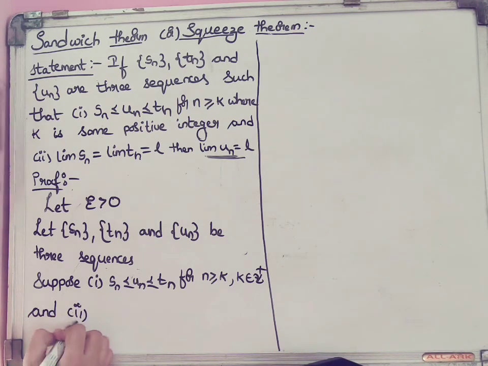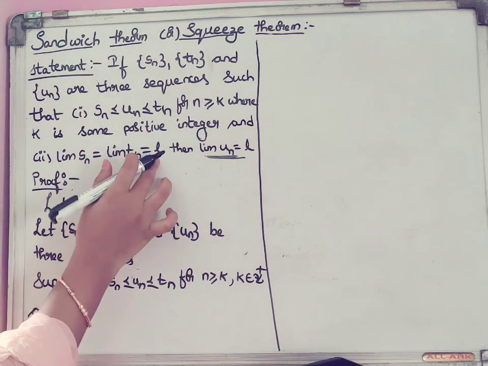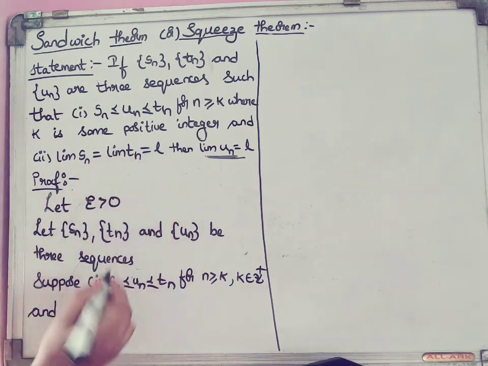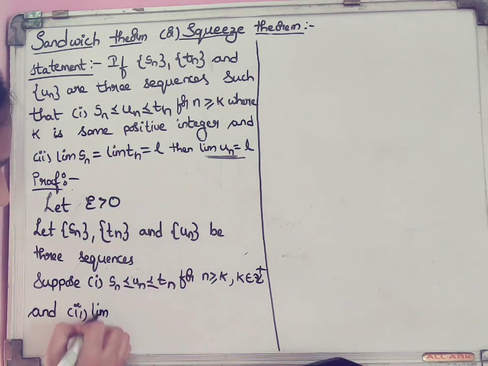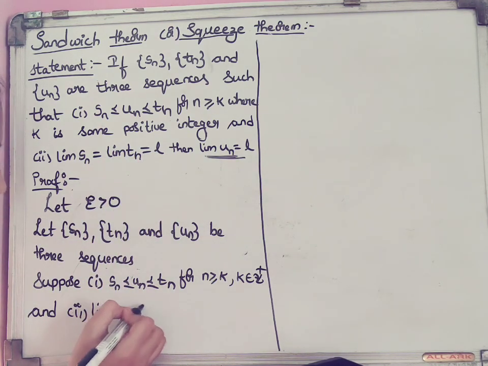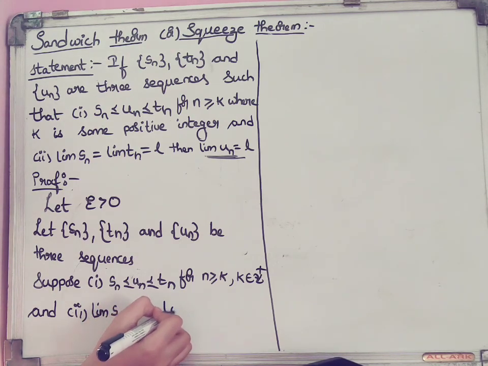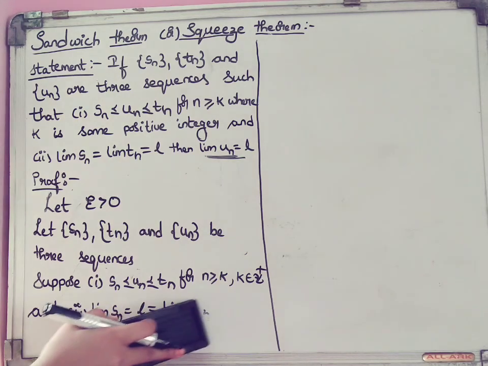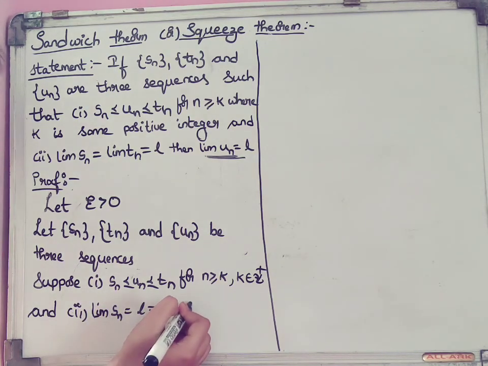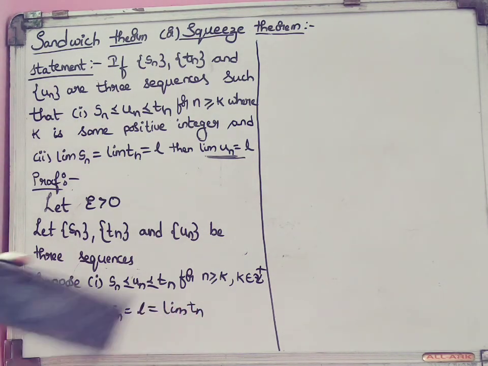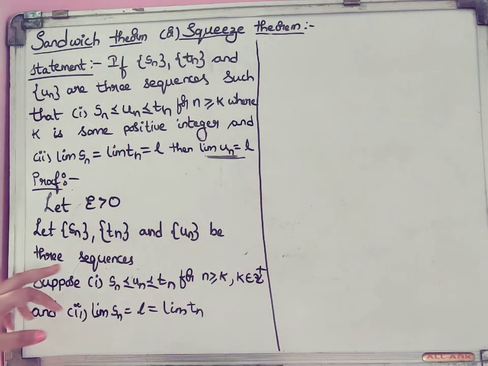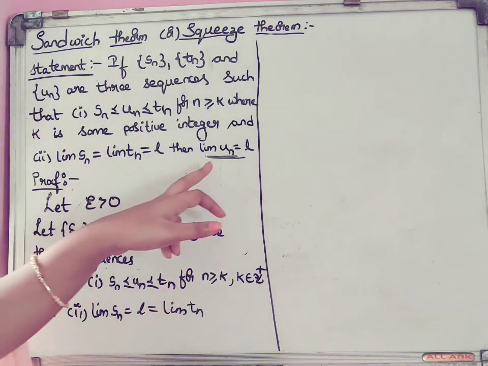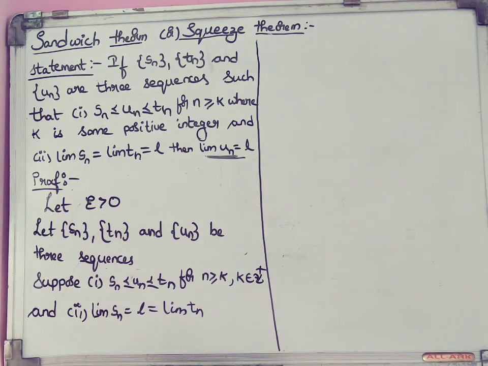What is that condition? See here. Limit Sn is equals to L, which is equals to limit Tn. Limit Sn value, limit Tn value, same. Okay. By using these two conditions, finally we need to prove limit Un is equals to L.